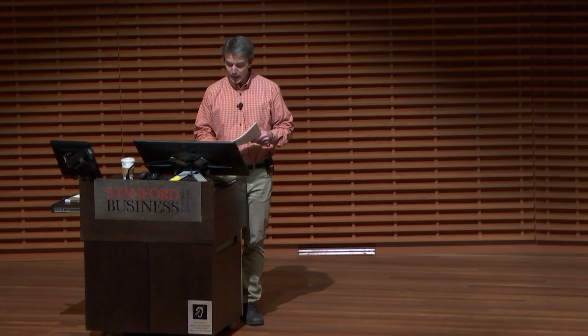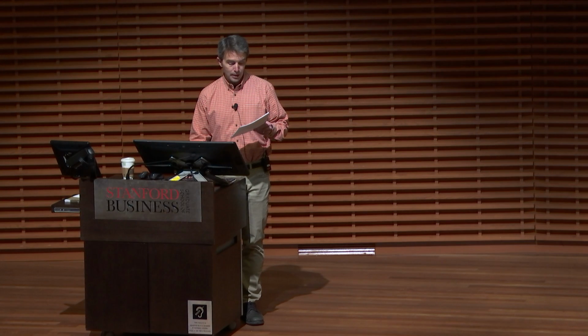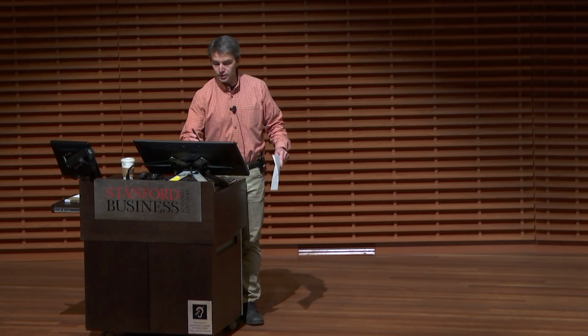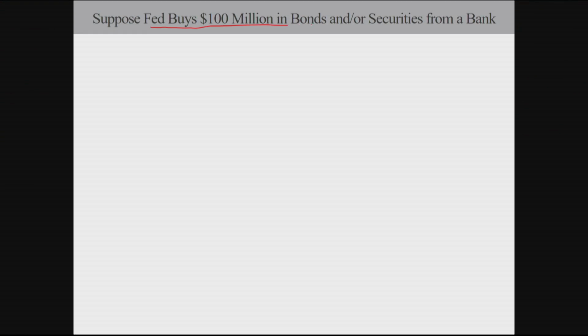Let's walk through an example of how a bank balance sheet can be affected by a Fed purchase of $100 million in bonds and or securities from a bank. I want to start out with a bank that has assets and liabilities.